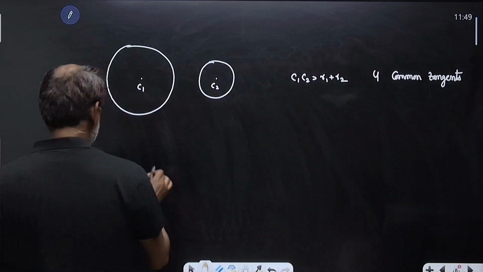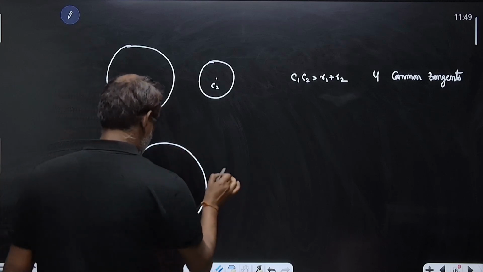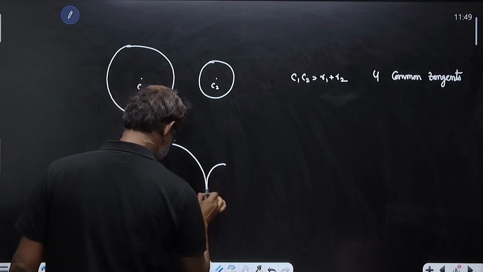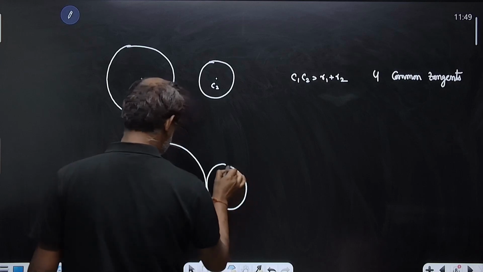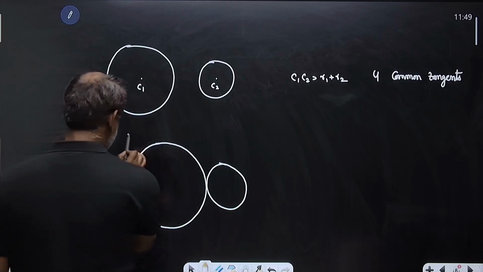Now, when these two circles move towards each other and this is the situation, what do we have?